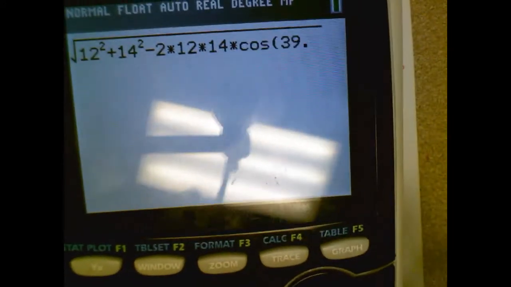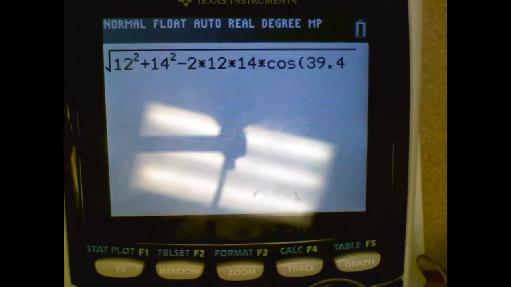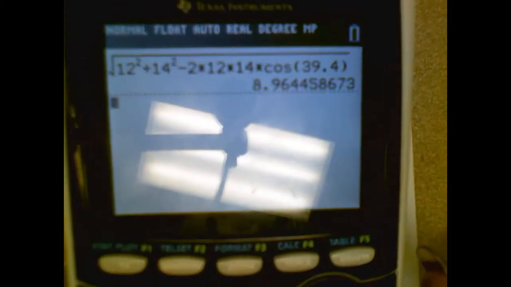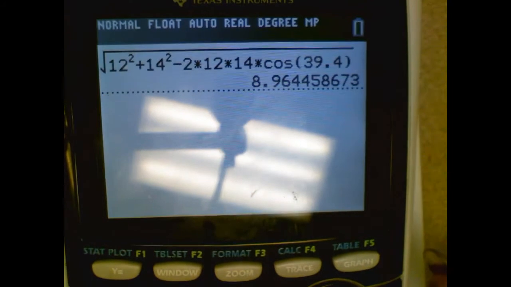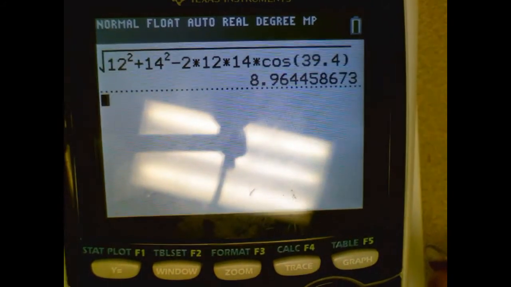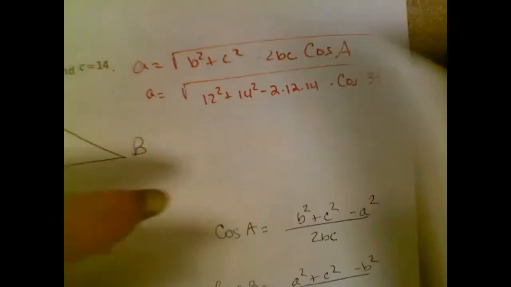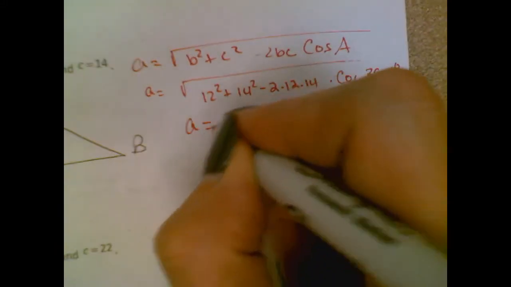So you punch that all in, press enter, and your answer is 8.96. If you round the 6 to a 9, that becomes a 0, so this is going to be rounded up to 9. So side A is 9.